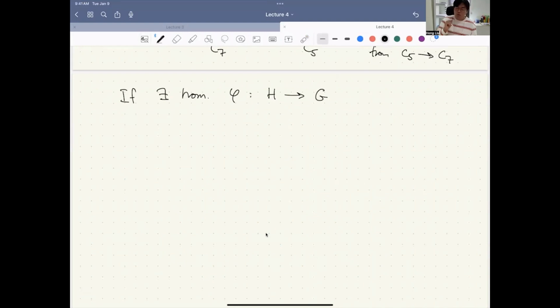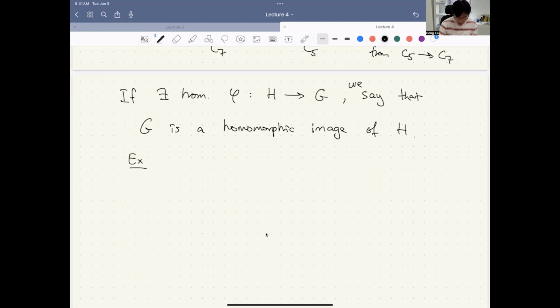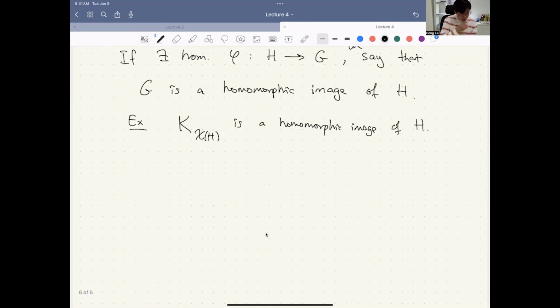So if you can find a homomorphism from H to G, we say that G is a homomorphic image of H. And here an example is K_chi(H) is a homomorphic image of H. If it's not clear, prove it.